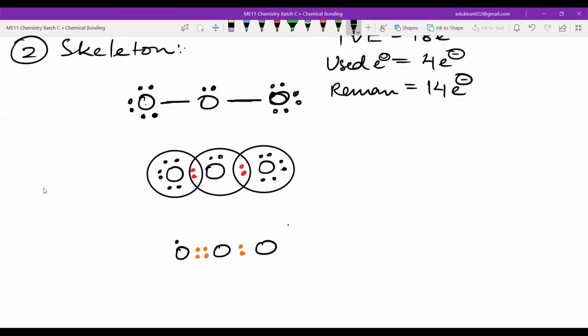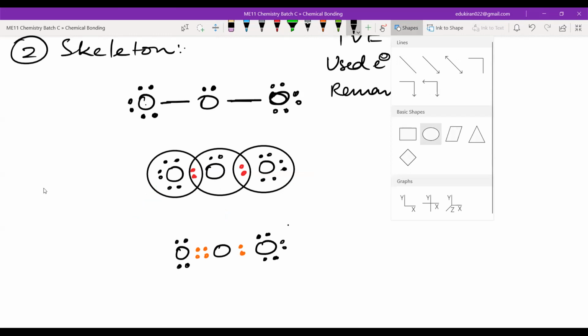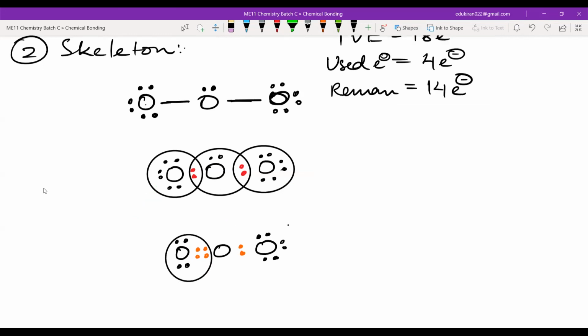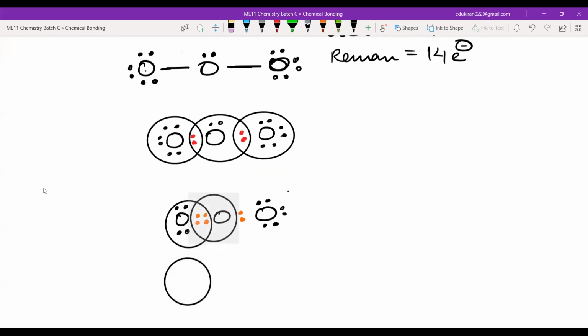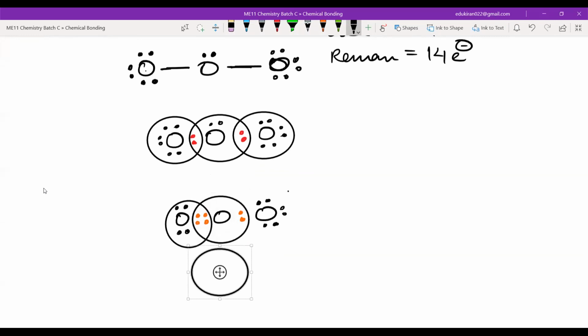That is why it will be having 4 electrons as lone pairs. And this oxygen will be having 6 electrons as lone pairs. Now, if I draw the circles, this has how many? This has 8. This also has 8. And this will also have 8.